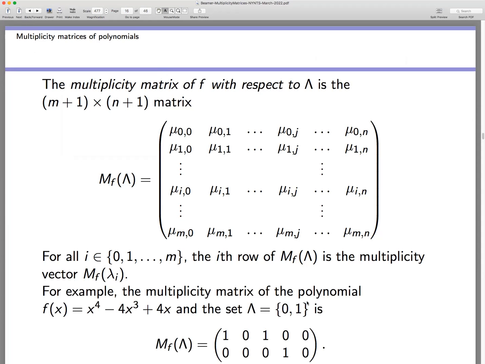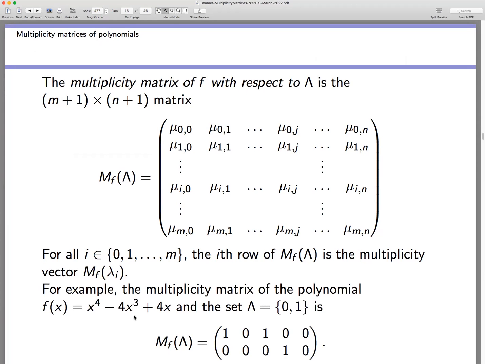So for example, if I take the polynomial x to the 4th minus 4x cubed plus 4x, for whatever reason, and I take the set {0, 1}, so there are just 2 lambdas, so there are just 2 rows in this matrix. This is the multiplicity matrix.